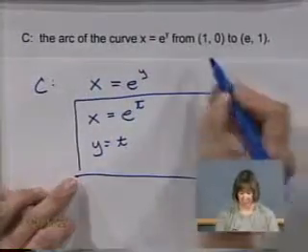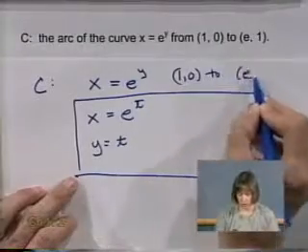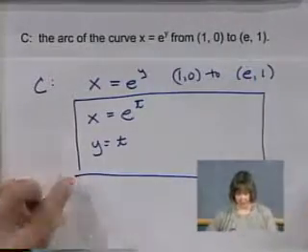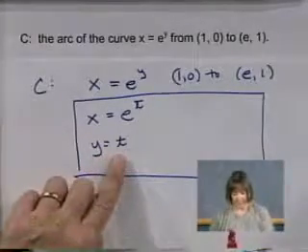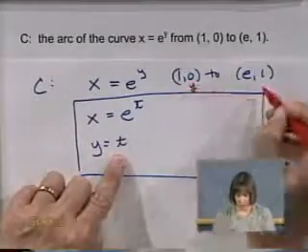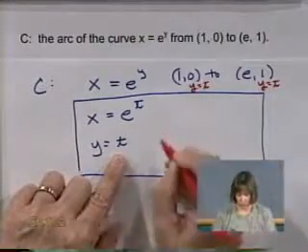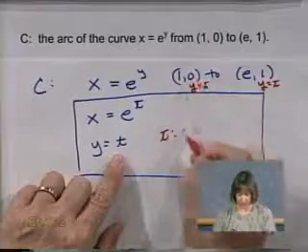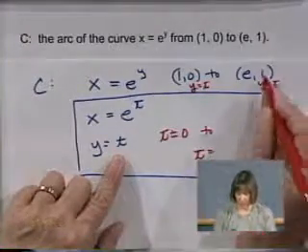Now notice, my point, I'm going from (1, 0) to (e, 1). Now notice, in my parametric representation, y is t. So here is your y here. And since y is t, we have t ranging from 0 to t ranging from 1.